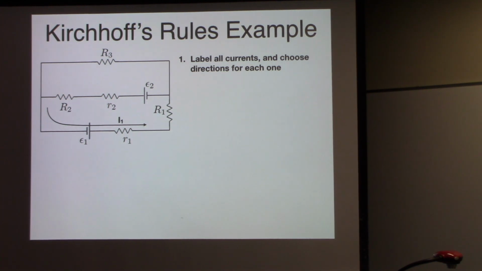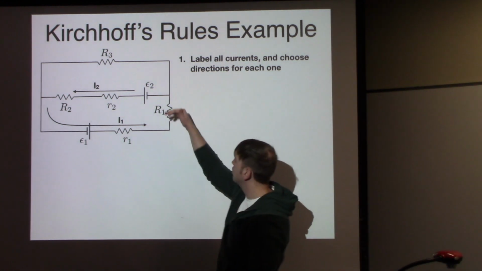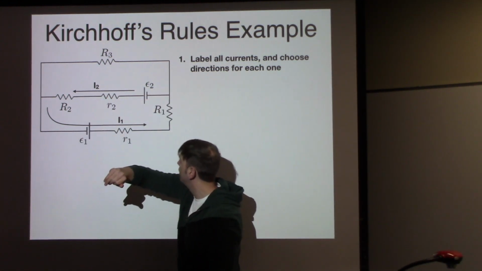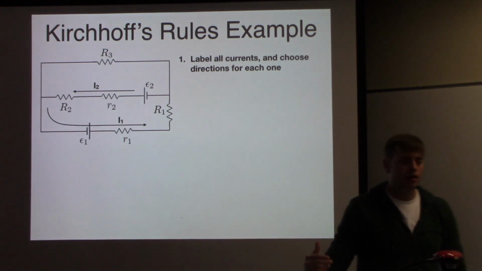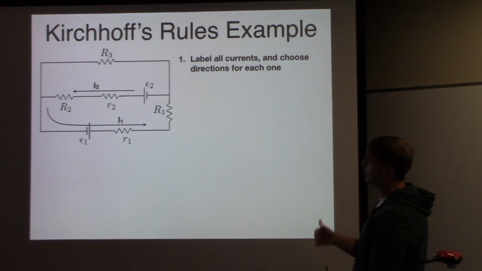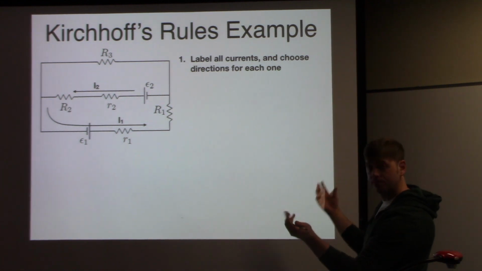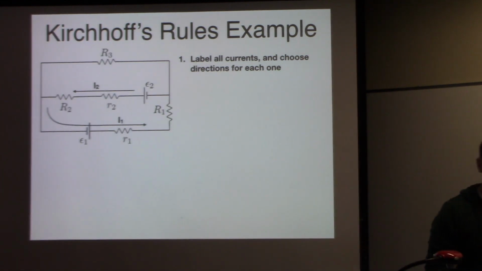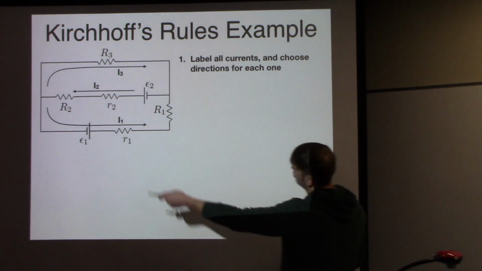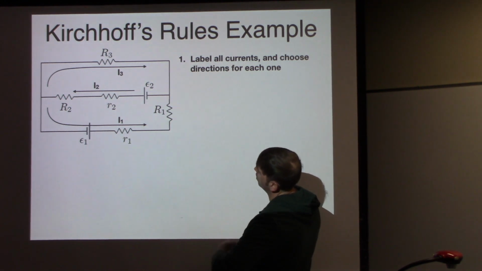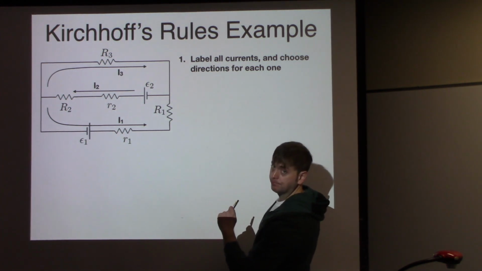We might be wrong about that, but let's just choose a direction and then stick with it for our calculations. I2 is going to be the one in this middle portion of the circuit. Again, all of the elements in this middle portion have the same current going through them, and we'll arbitrarily choose the direction to be to the left. Then finally, I3 is the current in the top portion of the circuit, and we'll arbitrarily say that's going to the right.